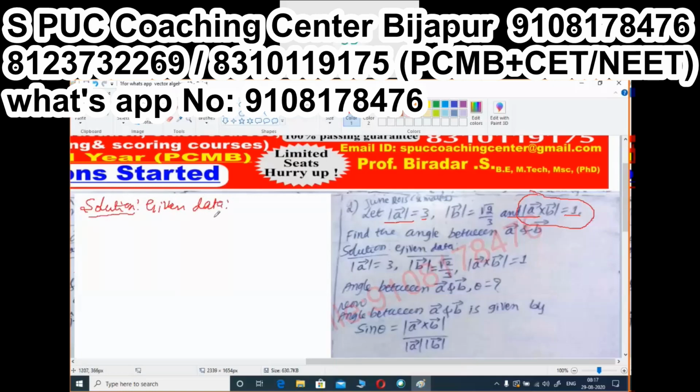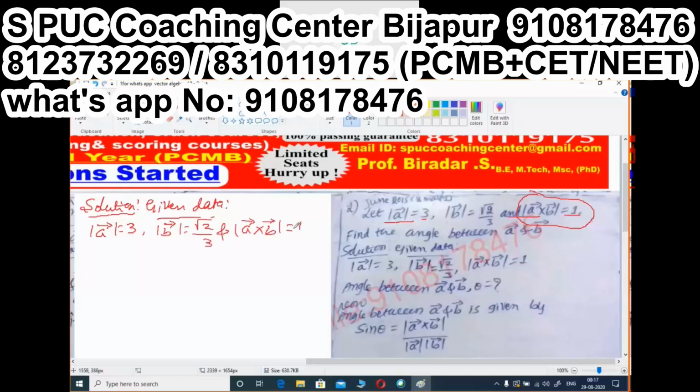Solution, given data. Whatever he has given, mention it clearly. Modulus of a, he has given as 3. Next modulus of b, he has given root 2 by 3. And one more he has given, modulus of a vector cross b vector, it is 1.